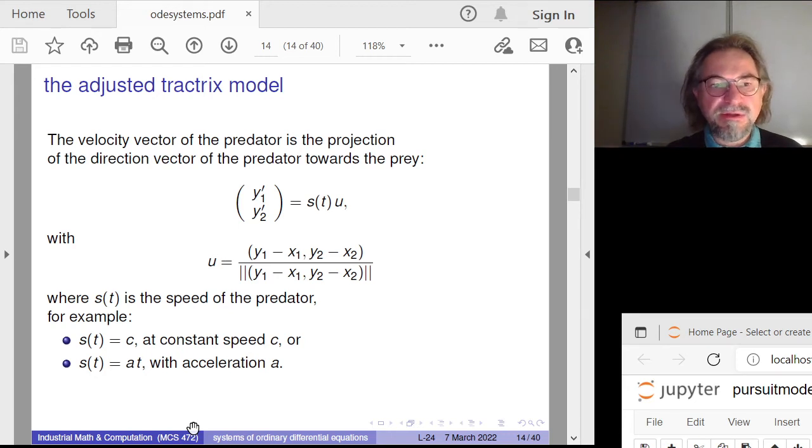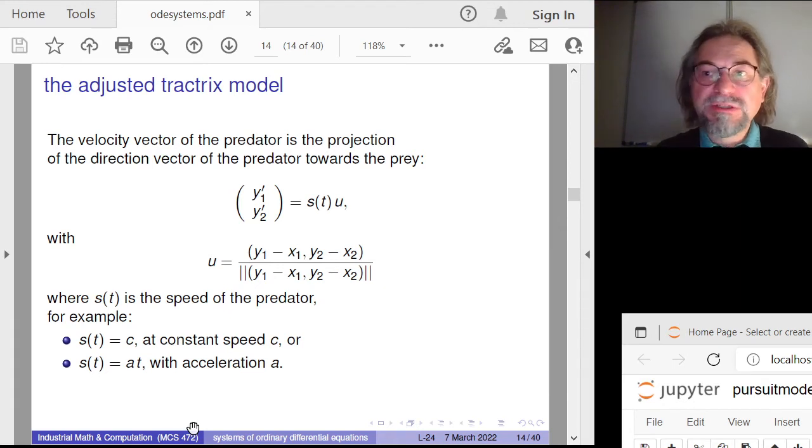So here I can now point at some alternatives. So the prey moves at a constant speed. The tractrix problem is actually a perpetuum mobile, where the prey and predator move at the same speed, so the predator will never catch.